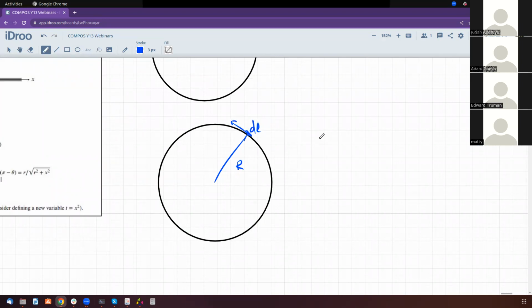So if we want dl cross r, well, that's simply going to be dl multiplied by r divided by r. So just dl.